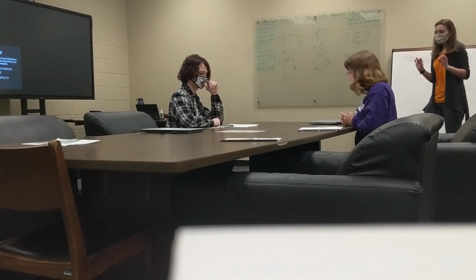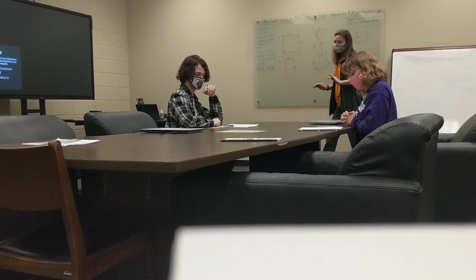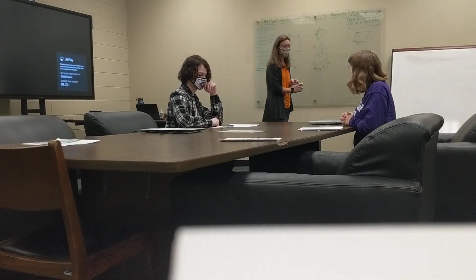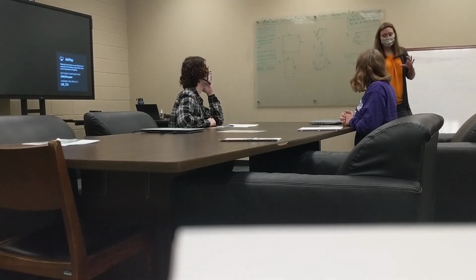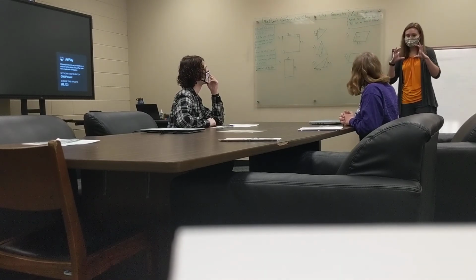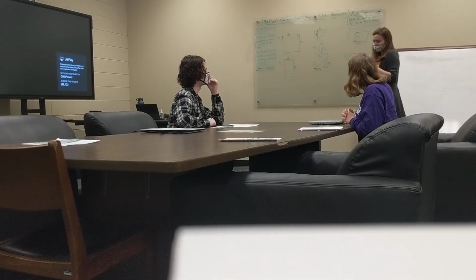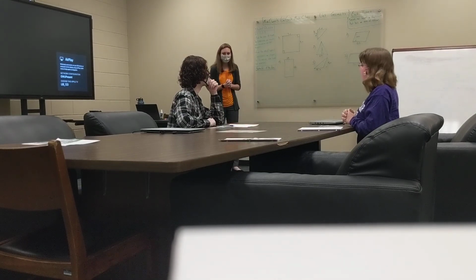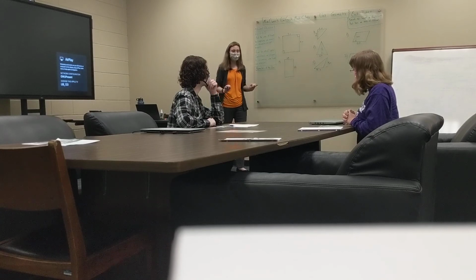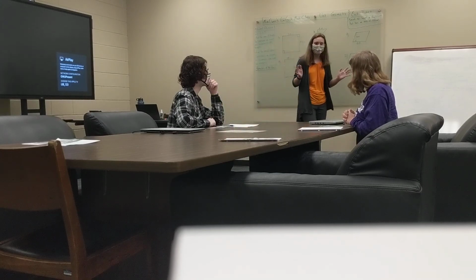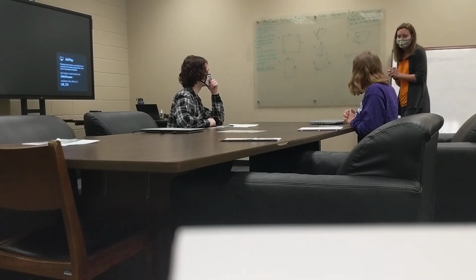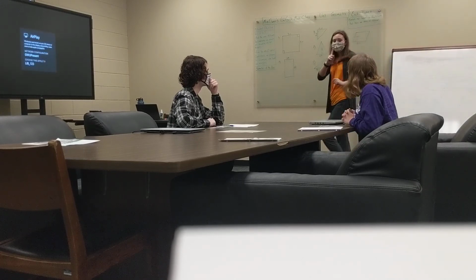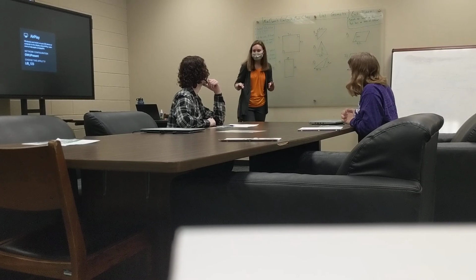In your bag, there's going to be triangles, parallelograms, and squares. And your goal is to create one concise rectangle. If you get done early, raise your hand and I will check and see how you've done. Please do not help your neighbor because we want them to try and figure it out on their own. You can talk slightly, but keep it at a level 1 inside voice.